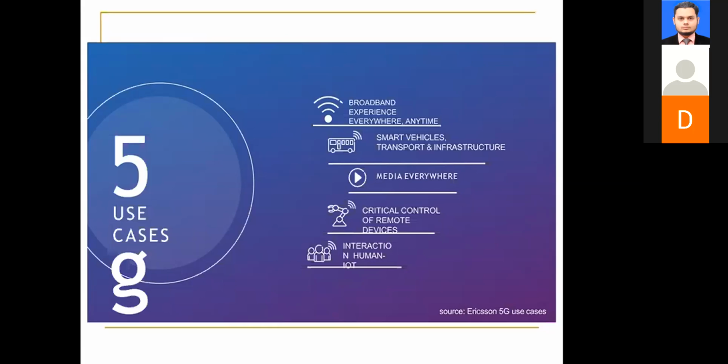The second bullet on the right top shows smart vehicle transportation infrastructure. Previously, transportation infrastructure had nothing to do with the communication network. Remember, in 3G and 2G, we did not have any involvement of communication networks for the advancement of transportation.